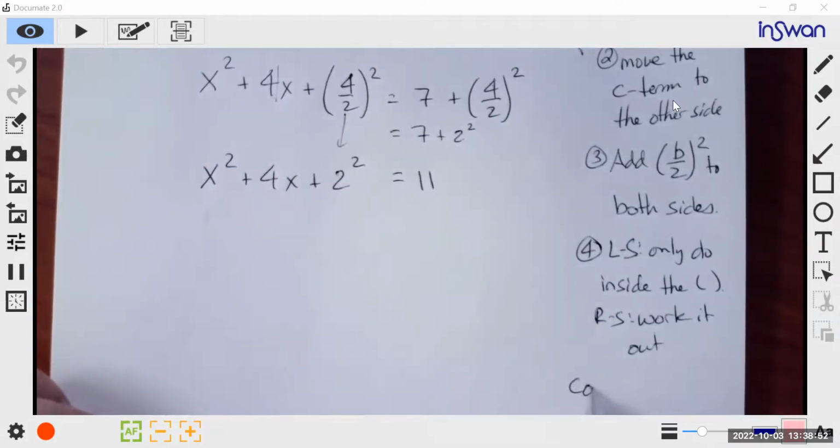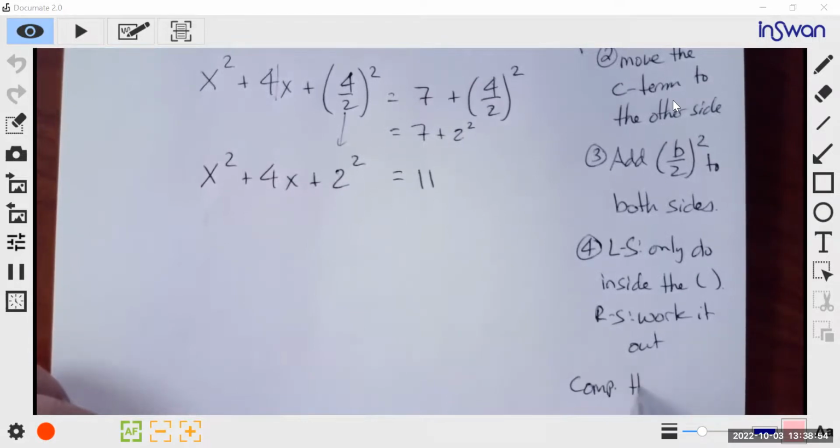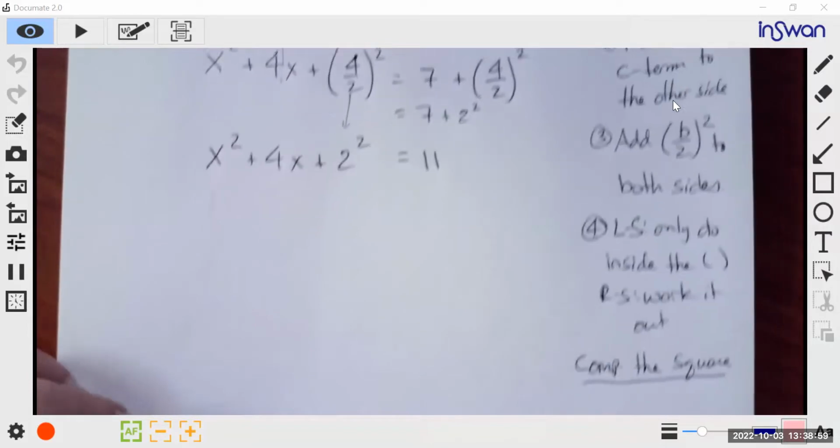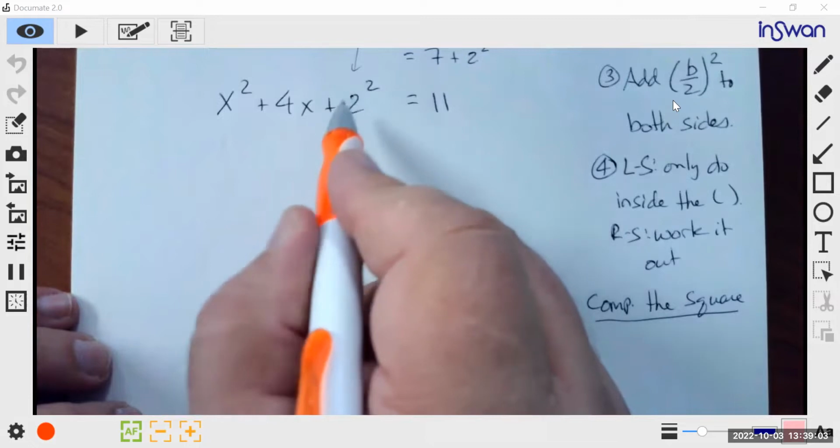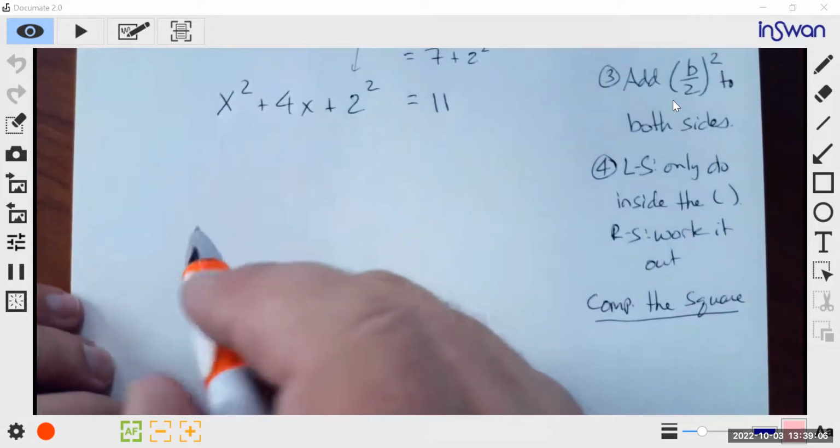Now this is where you complete the square. Because if you notice now, on the left-hand side, we have two terms that are squared and the signs.